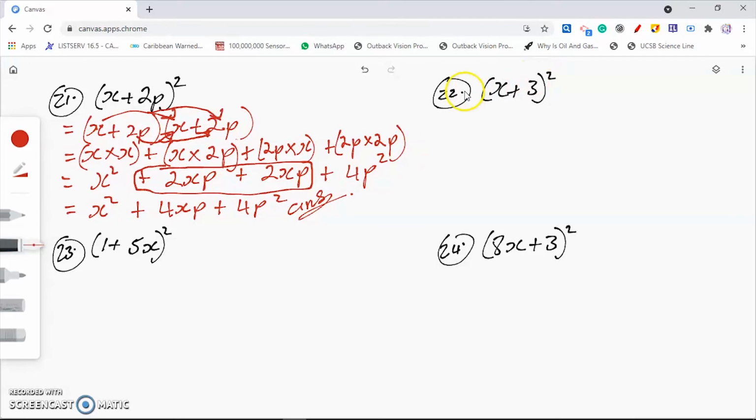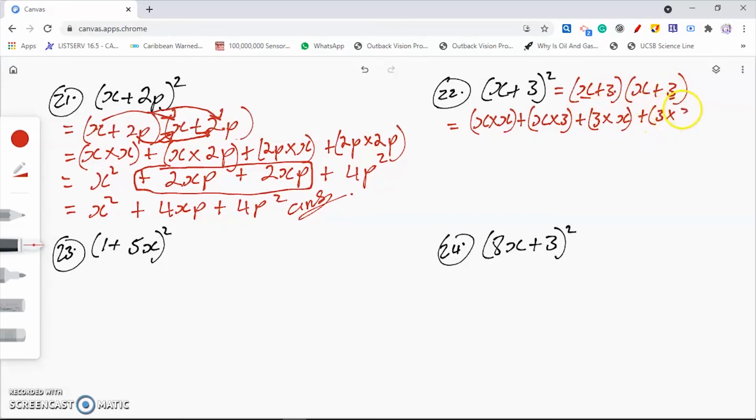Good. Now for number 22, we have x plus 3 all squared. So that is the same as x plus 3 times x plus 3. So we get x times x plus x times 3, plus 3 times x, plus 3 times 3.